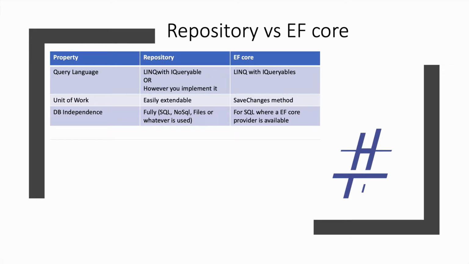The database independence, which is some sort of weak selling factor for the repository or Entity Framework Core, is for the repository, you can fully exchange any database. So if it is a SQL, NoSQL, or even if you are reading from CSV files or anything on the hard drive, it's easy to use because you have a common interface and hide it behind this interface. For Entity Framework Core, not so much because it's only for SQL databases and only for those where a provider is available.